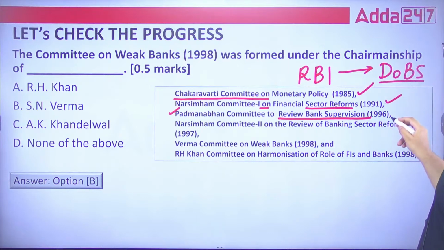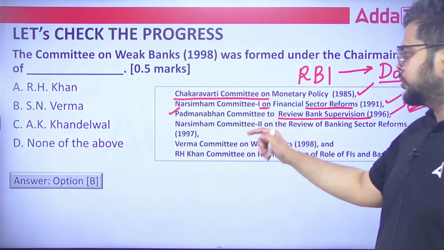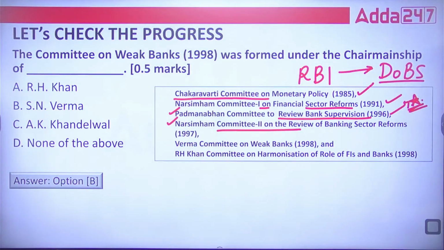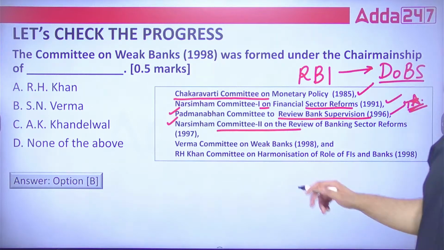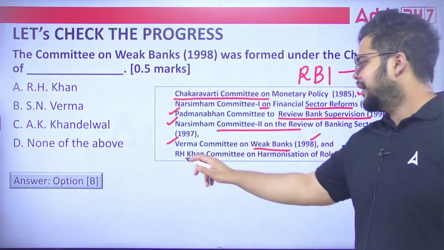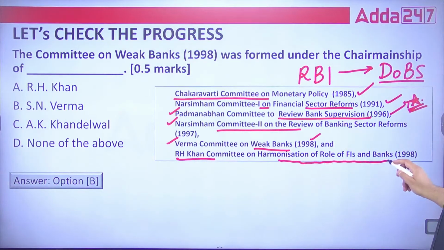So you can see that it is a very, very important committee. Its contribution towards the Indian banking system is huge. Then Narasimhan Committee 2 on the review of banking sector reform, 1997. Verma Committee on Weak Banks, 98. Last one is R.H. Khan Committee on Harmonization of Role of FIs and Banks, 1998.